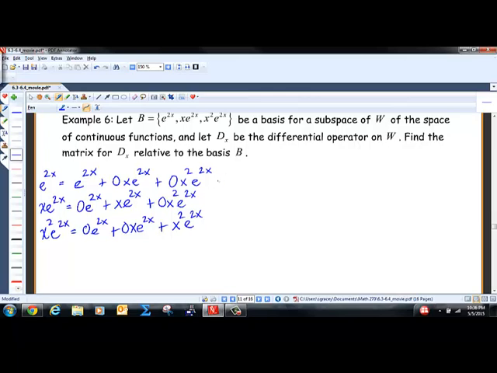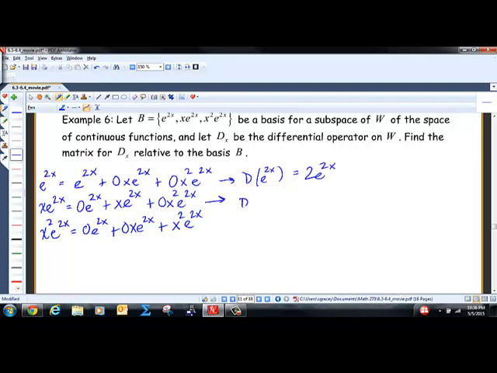So now, let's take a look. What this will bring us to is that if we do this differential operator on e to the 2x, right, what we will have is the other ones will be 0, and this derivative is 2 e to the 2x. Now what about this guy?